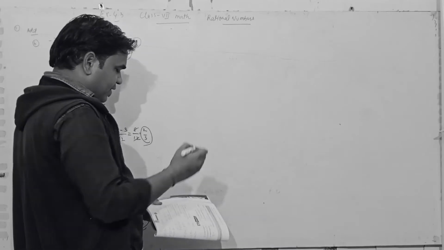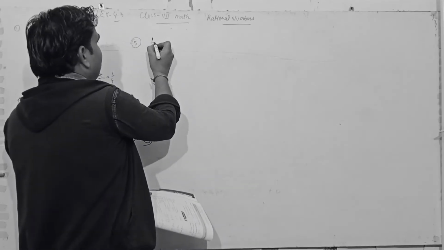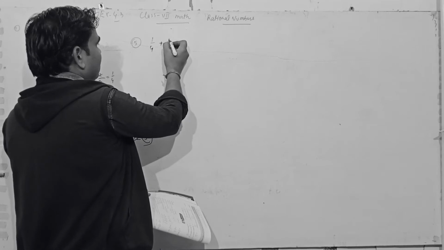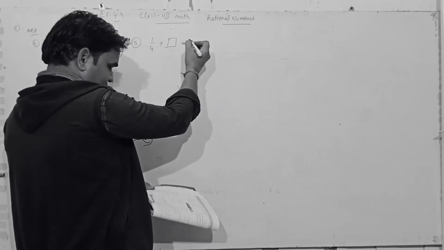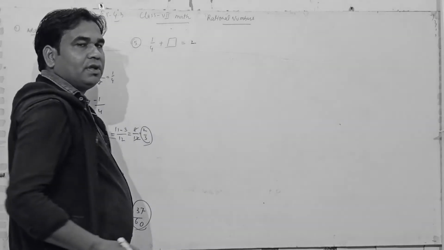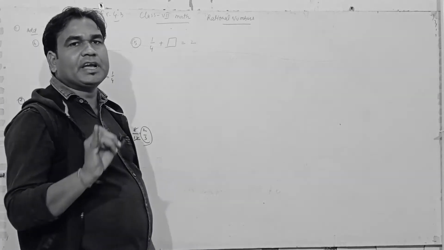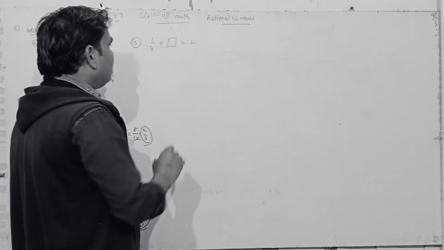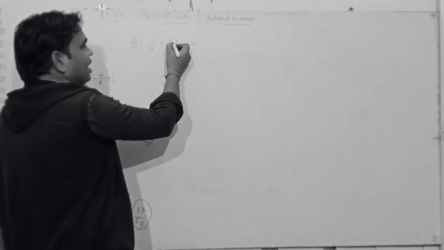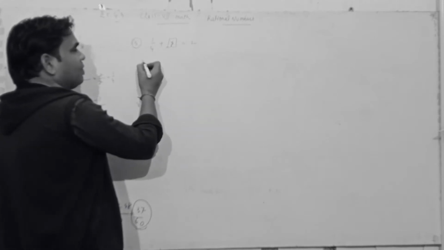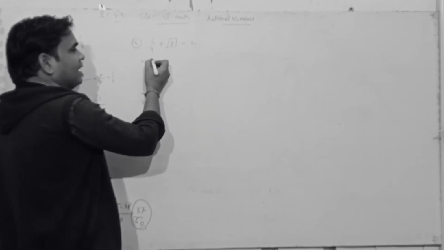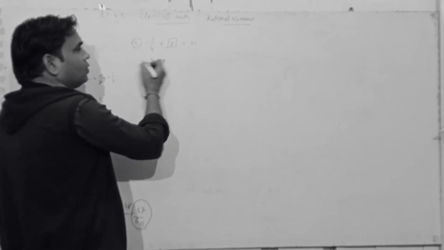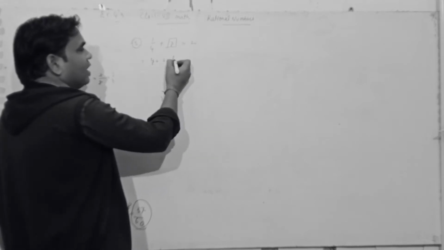Question number 5: 1 over 4 plus blank space equals 2. In the blank space we can take any variable, like y. After taking y we write y equals 2 minus 1 over 4.